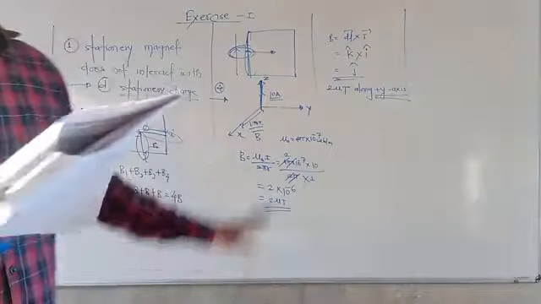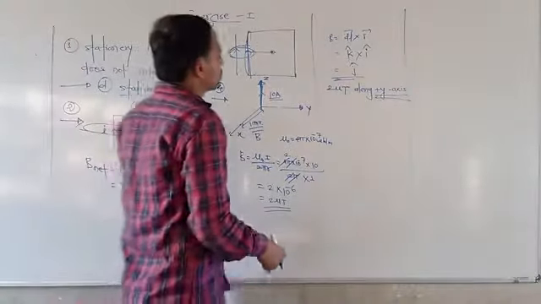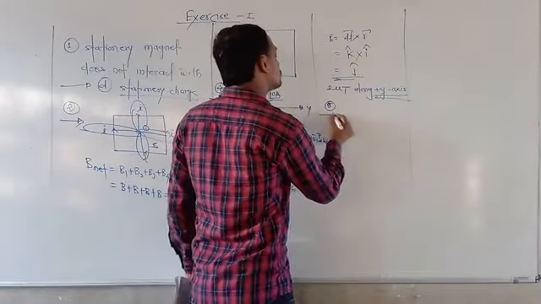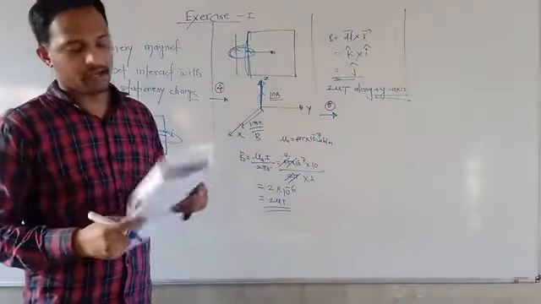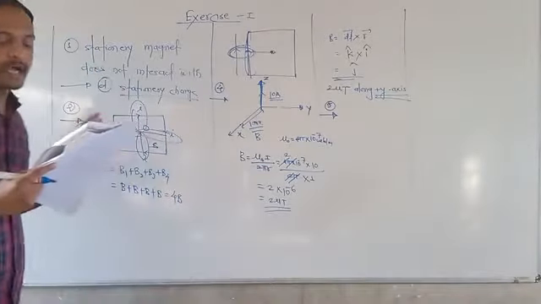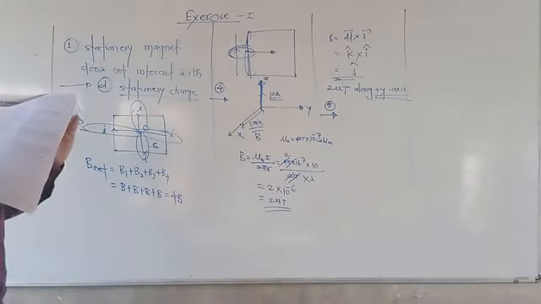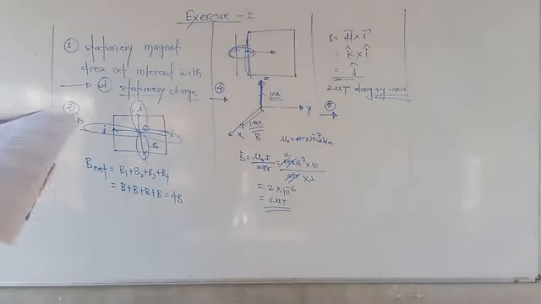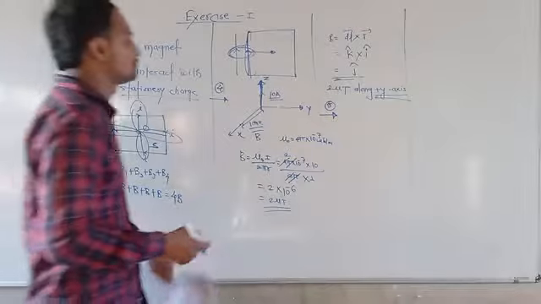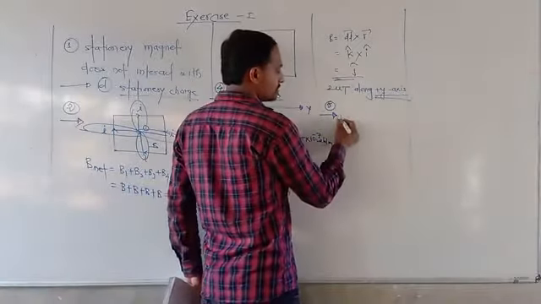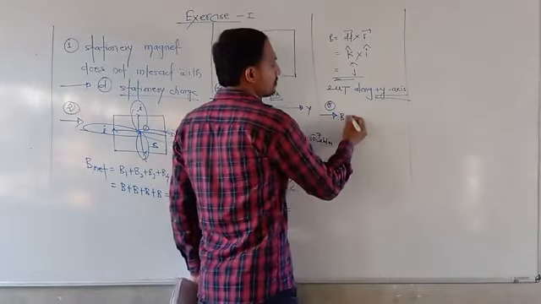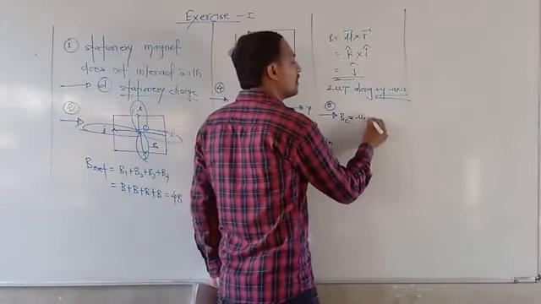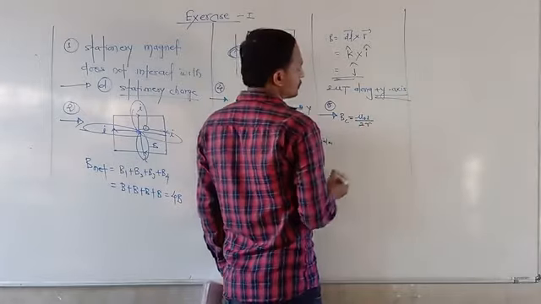Then the fifth question. What should we have? The radius of the current carrying coil is R, and we need the ratio of the magnetic field at the center of the coil to that at the axial point, which is R root 3 distance away from the center of the coil. So let us write the formulas first. At the center of a current carrying coil it is mu 0 I upon 2R.